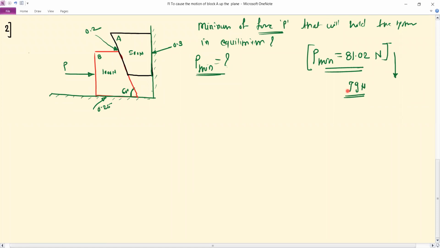Then you can decide the direction for the friction force. So first step in this problem is we have to decide the direction of the impending motion for P equal to P minimum. Okay, and then draw the free body diagram.